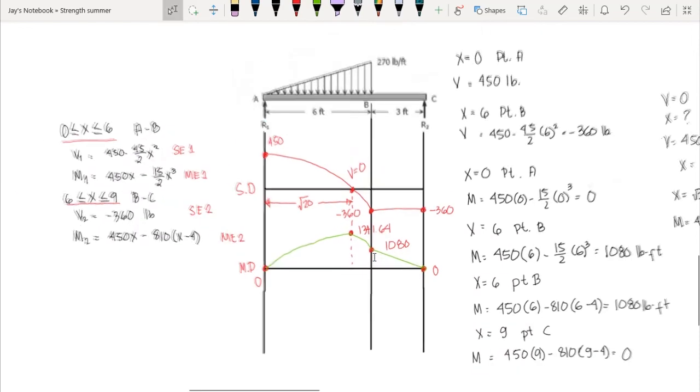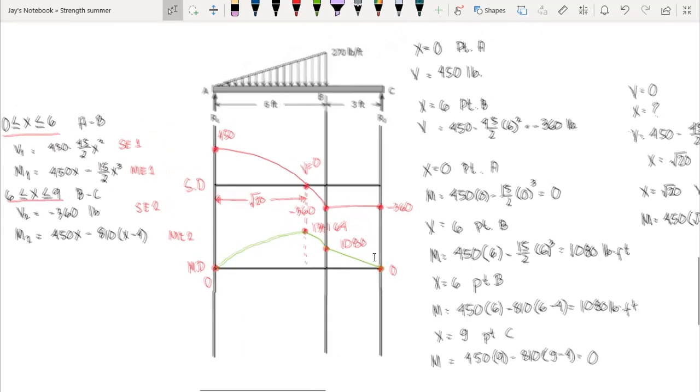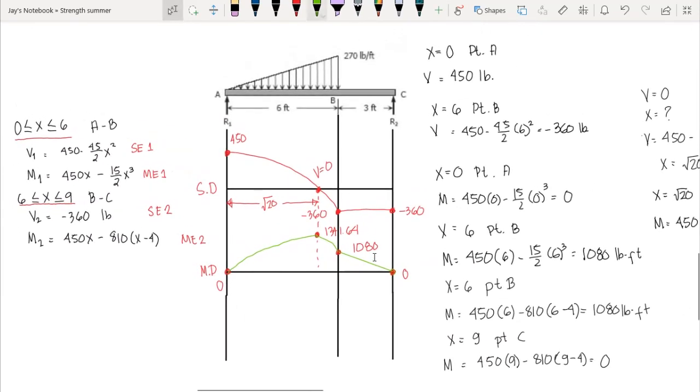Therefore we have completed the shear diagram and the moment diagram. And in this case, our maximum moment is 1341.64, and this will be used in designing the cross section of our beam or this structure here.